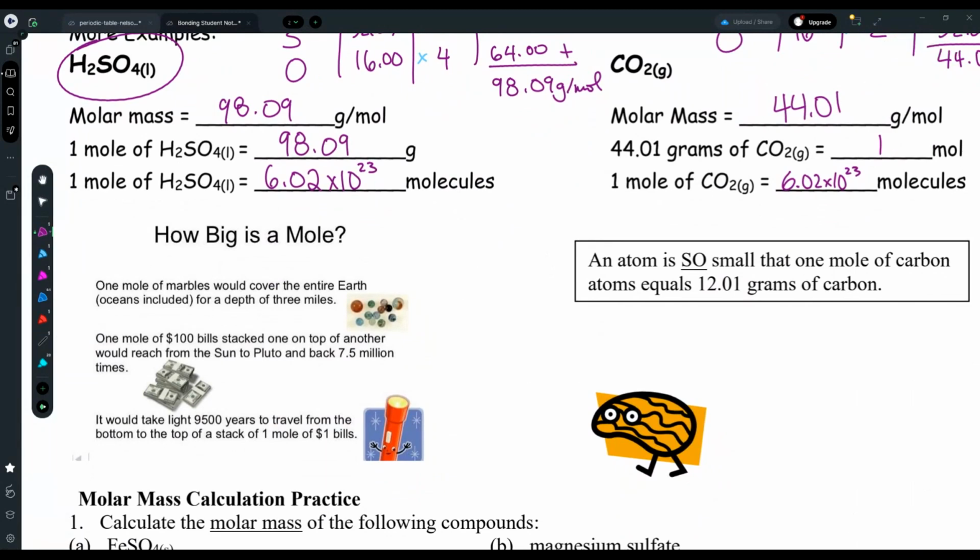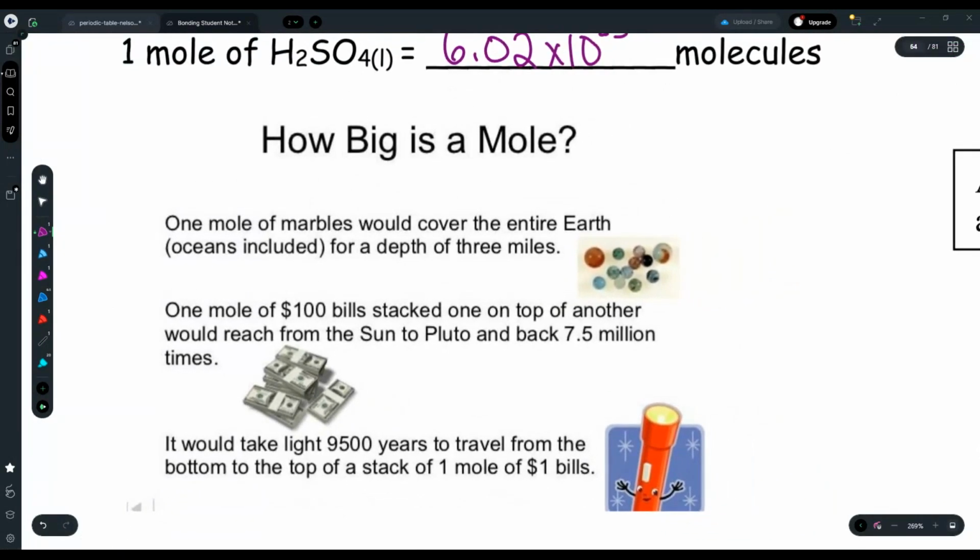So with this next section here, it's just getting at the fact that the 6.02 times 10 to the power of 23, that is an insanely huge number. And to help you visualize how big that number is, let's look at these examples here.